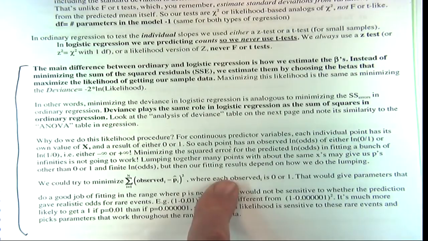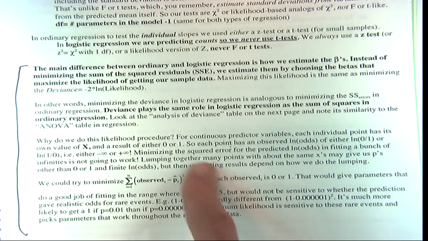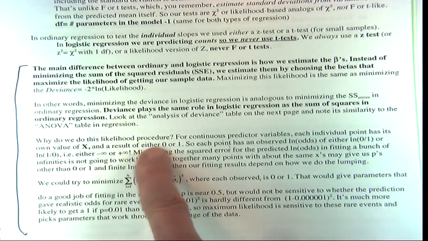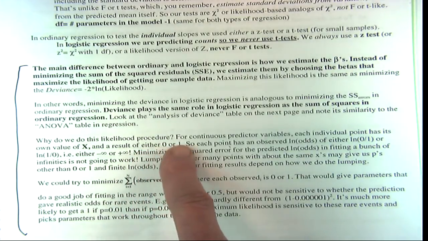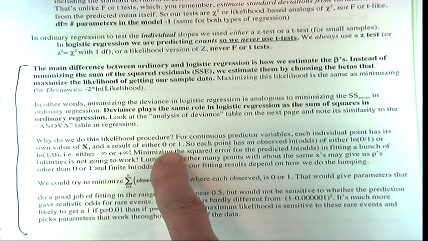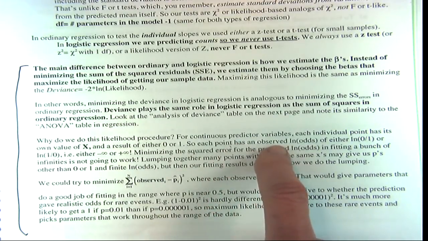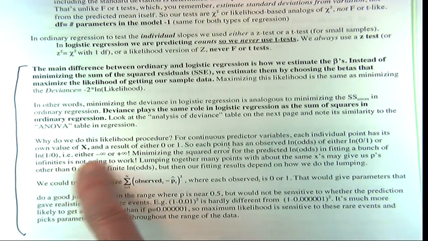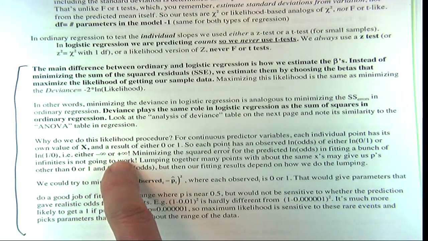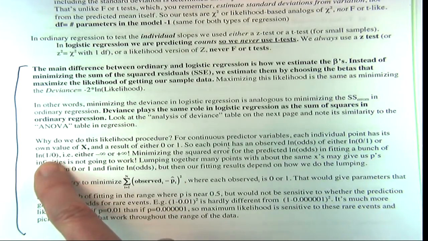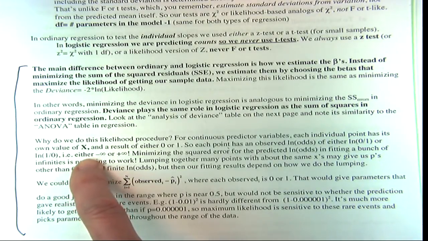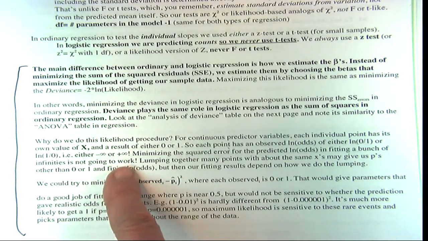Here is basically what I said before: we do this likelihood procedure because each individual point has its own value of x, resulting in a 0 or a 1. So each point is either log of 0 or log of 1. It's kind of crazy what we'd be doing here, because we either have negative or positive infinities.